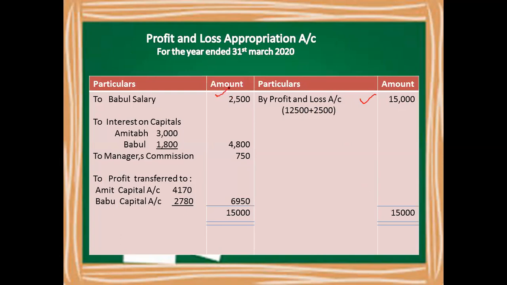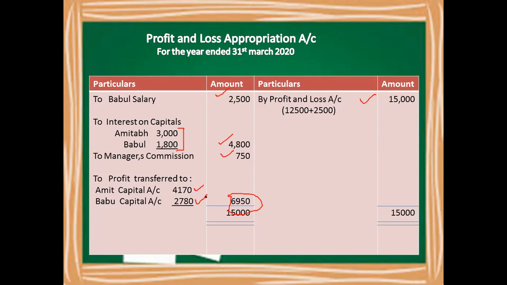Then we will be showing the salary, capital interest internally added up, and here we are showing manager commission because this is a provision that we are making for the manager commission. And after that, the divisible profit comes to 6,950 and it will be distributed in their profit sharing ratio and transferred to their partners' capital account.